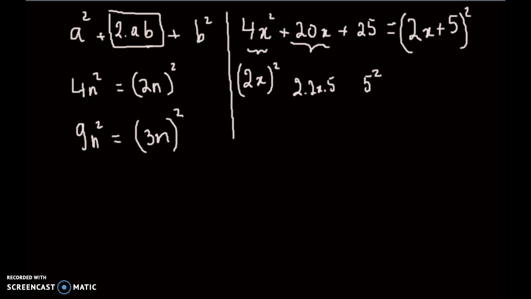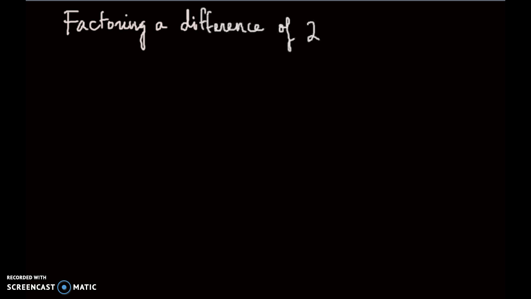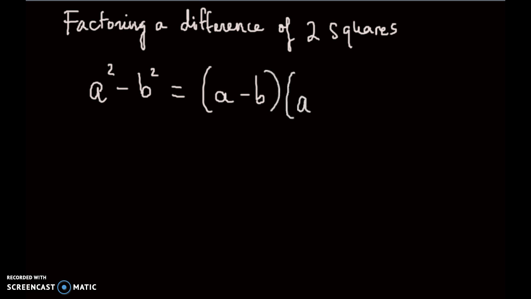Okay, alright. Now, another one where some of you make a lot of mistakes is factoring a difference of 2 squares, and what it means is simple like this. a squared minus b squared would be equal to a minus b times a plus b.